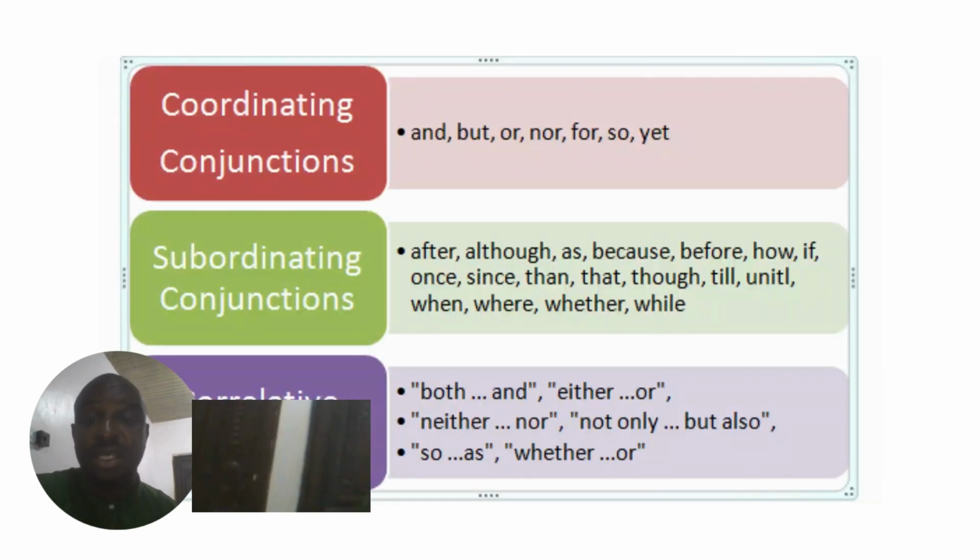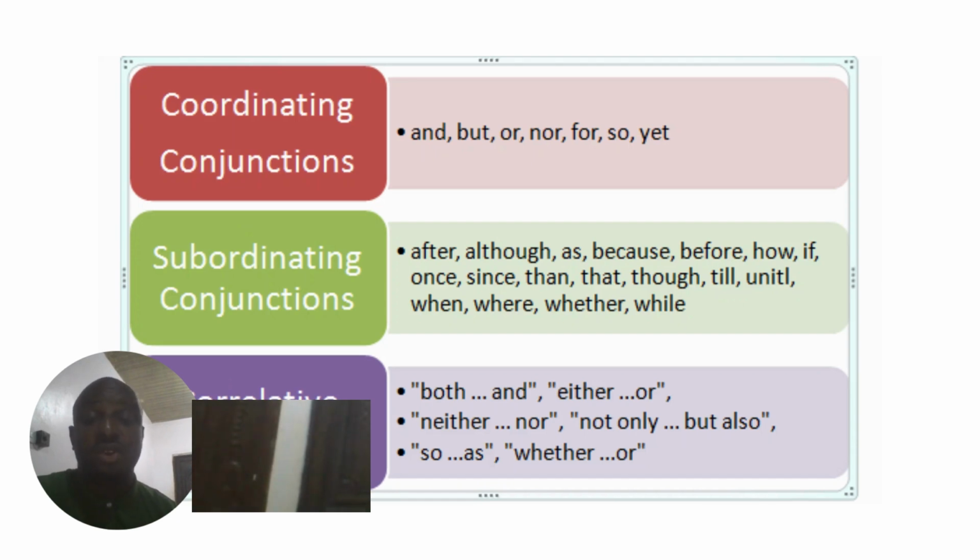Then, in summary, let's look at these conjunctions again. I told you we have three types of conjunction. The coordinating conjunction, which joins phrases, sentences, or clauses of equal importance.